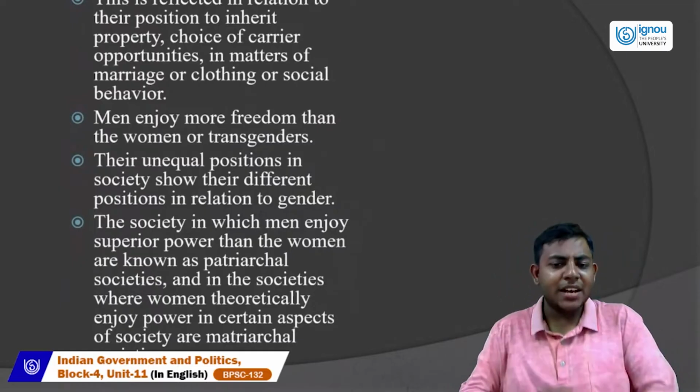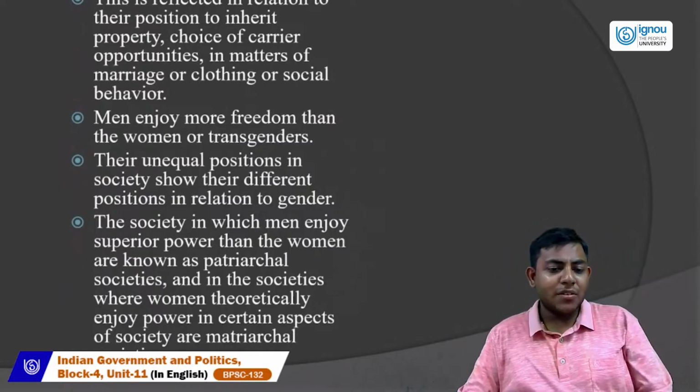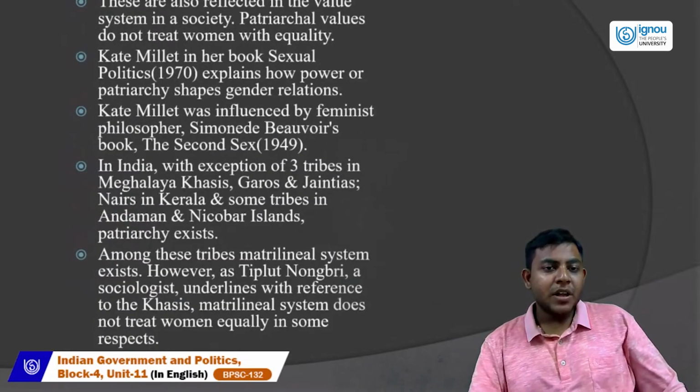So the society in which men enjoy superior power over women is known as patriarchal societies, and the societies where women theoretically enjoy power in certain aspects are matriarchal societies. So these are also reflected in the value system in a society. So patriarchal values do not treat women with equality.